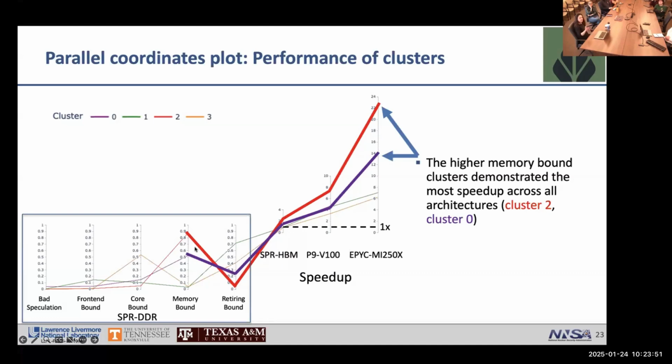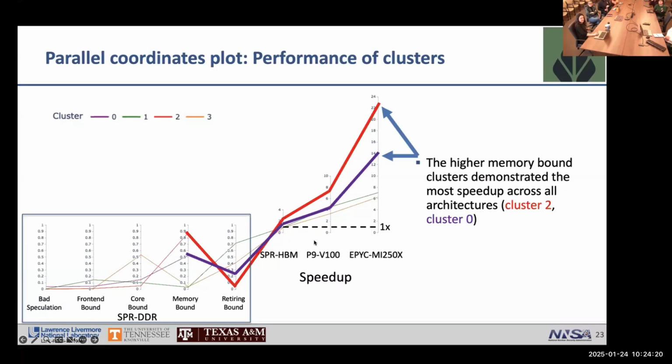On the parallel coordinates plot on the left, the 5 axes in the box are those top-down bottlenecks that we identified. And on the right, we have 3 axes that show the speedup as we move to different architectures. We can see here the 2 memory bound clusters are higher on this memory bound bottleneck.